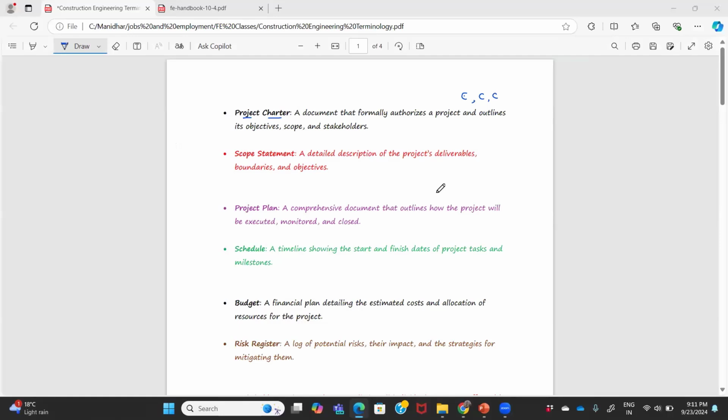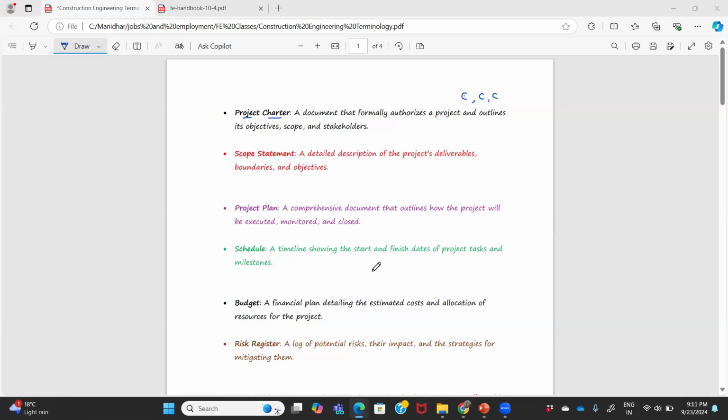That is what the project charter refers to. And coming to the scope statement, it is the detailed description of the project deliverables, boundaries, and objectives. The project plan is a basic plan of how the project is executed. If you look at the term, you will understand what exactly it is.